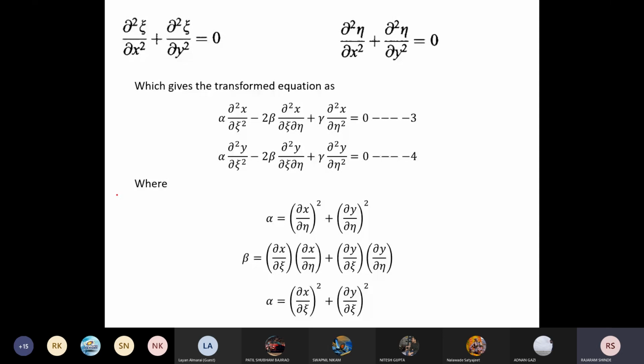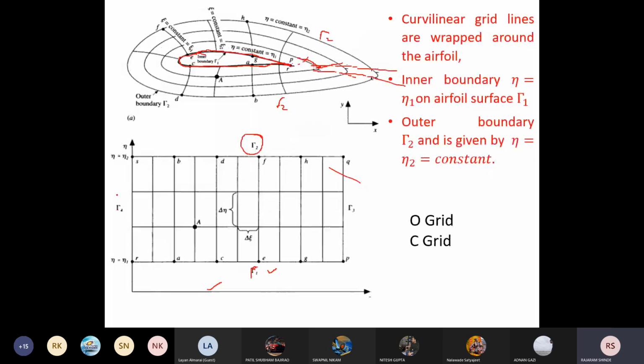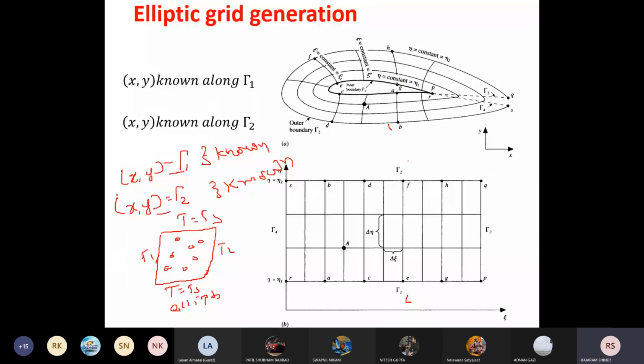To accomplish this, consider the extreme right problem of the O grid, and cut this to the trailing edge of the aerofoil.